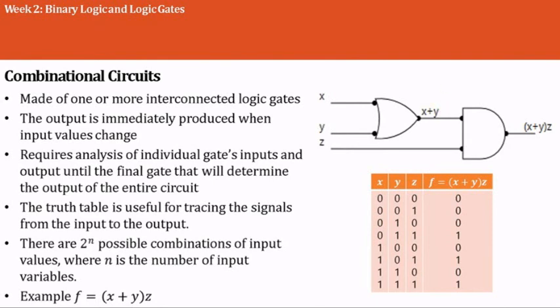So we place 1 here. The value of X is 1, the value of Y is 0, so 1 or 0 is 1. Let's say the value of Z is 1. So we have 1 and 1 is equal to 1. So we have 1 as our output.